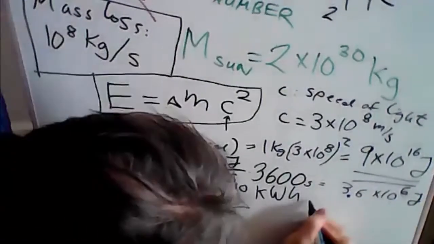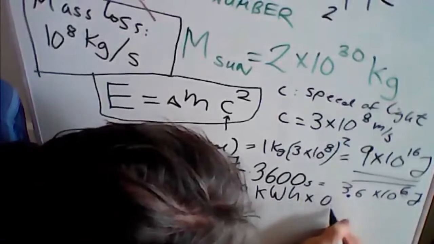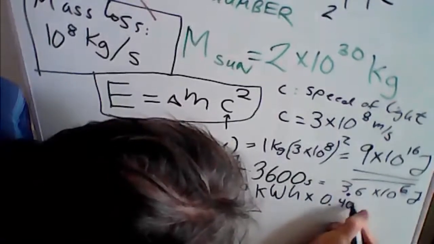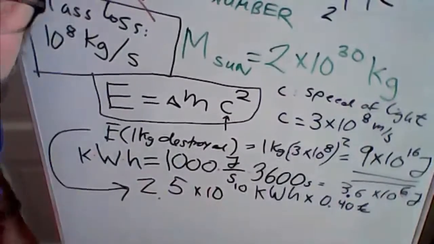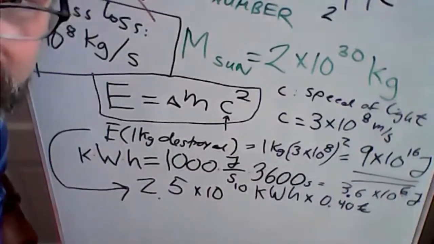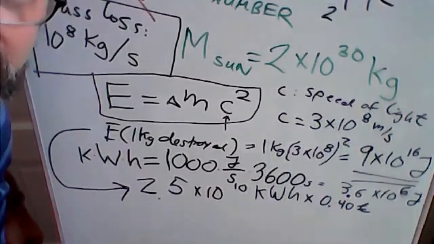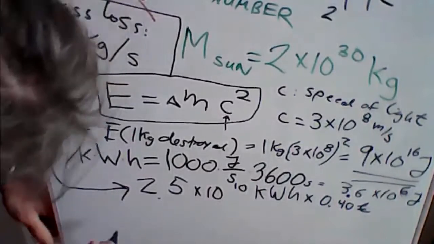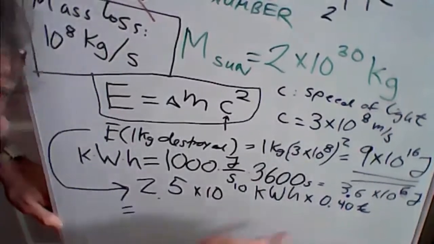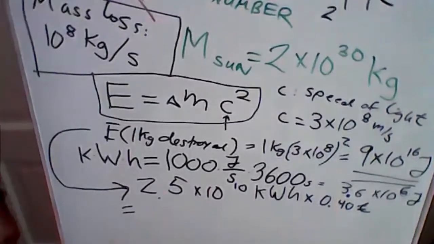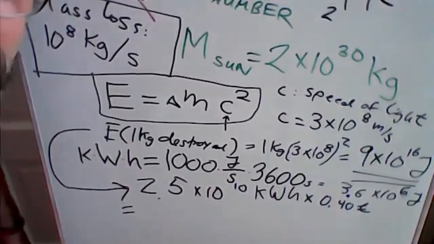Let's multiply that by 0.40 euros, because that's how much 1 kilowatt hour costs. That's pretty accurate. Would that mean the energy would be dead cheap? What's 0.4 times 2.5?